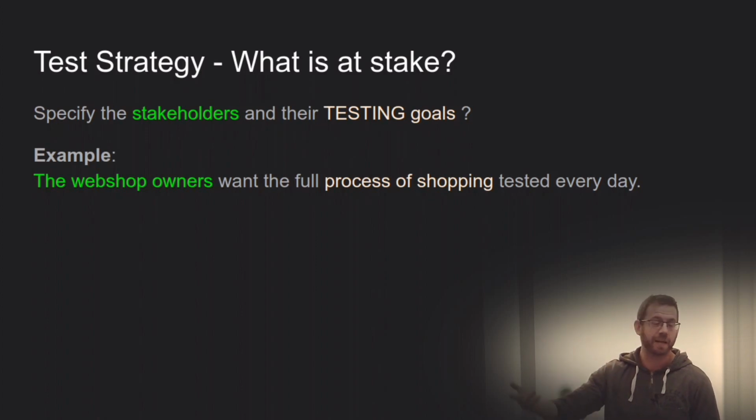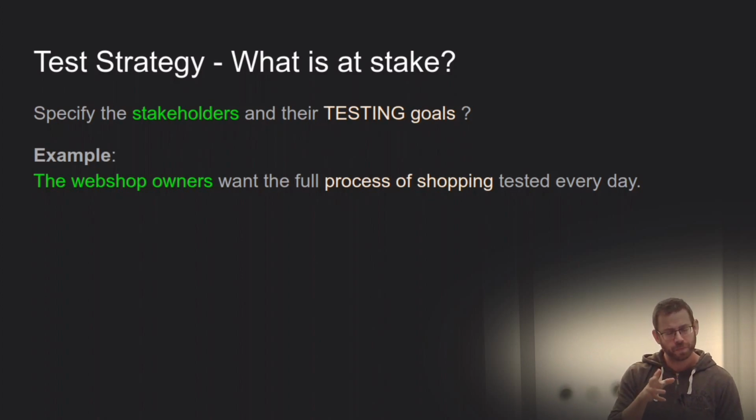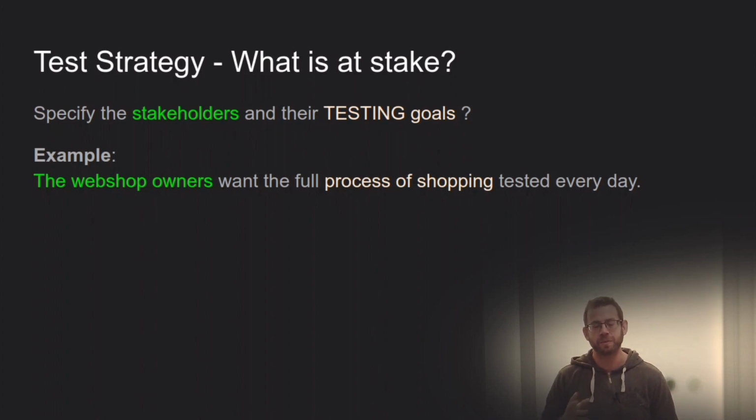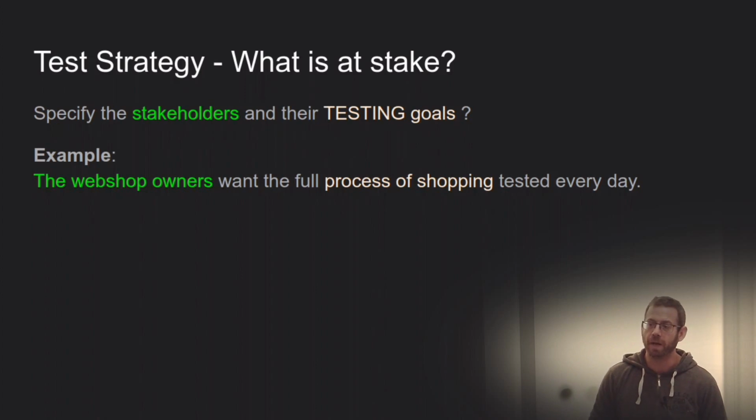You can also imagine stakeholders. So we have the SDC company. Perhaps there are people within this company, like developers, like marketing, who want to sell their things to other developers. Perhaps they are also stakeholders. And then you think of what their testing goals are. What do they want to work, and what do they need to know about this software really?